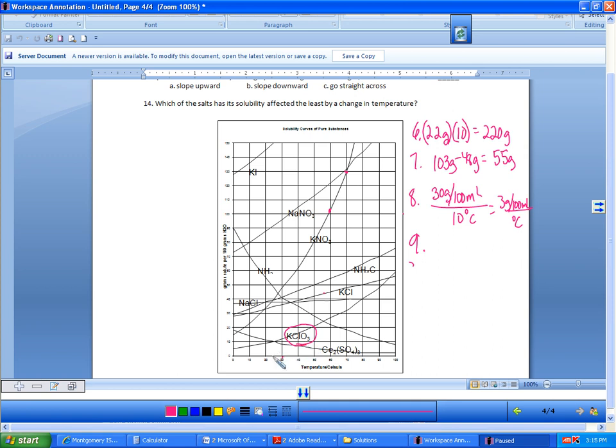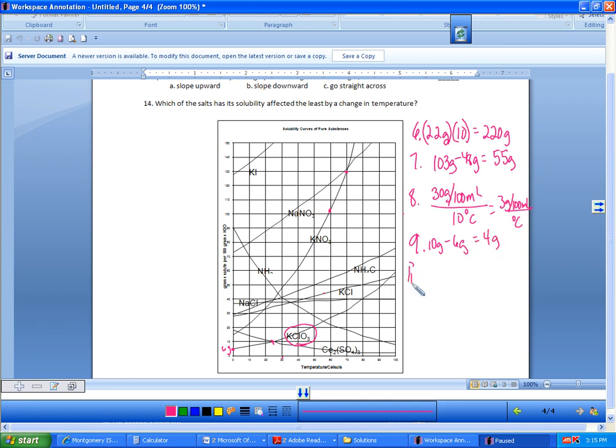So we were at 25. I'd say that's about 10 grams. I want to evaporate it all away. So that looks like about 6 grams. So 10 grams minus 6 grams tells me I would have 4 grams of salt.